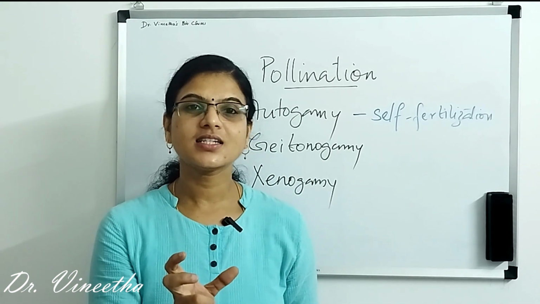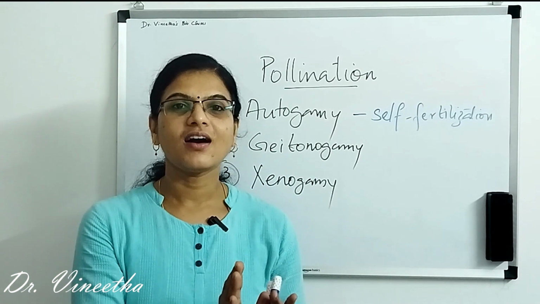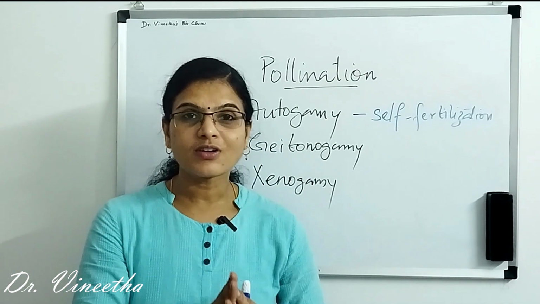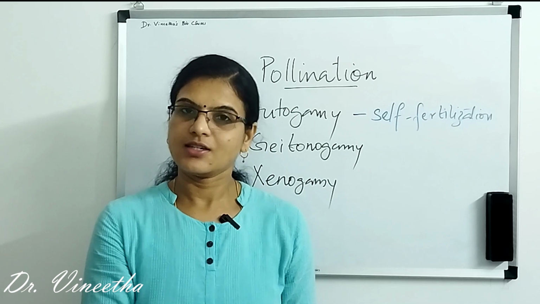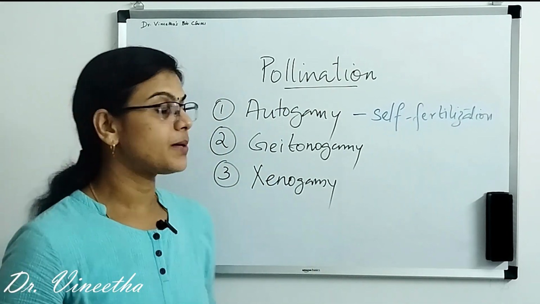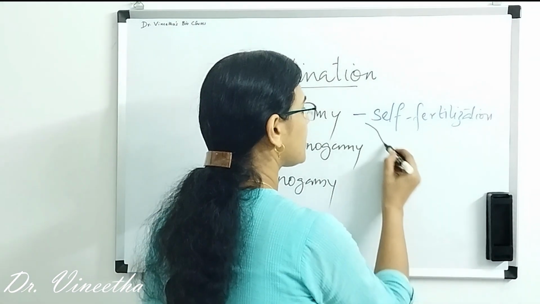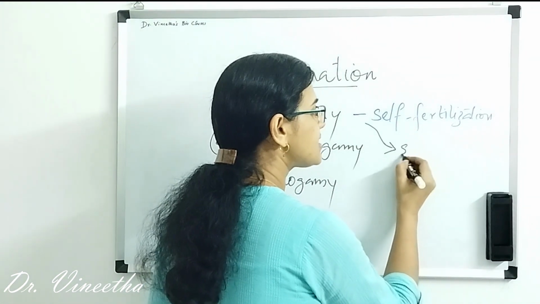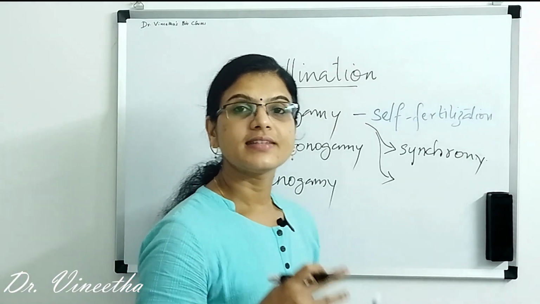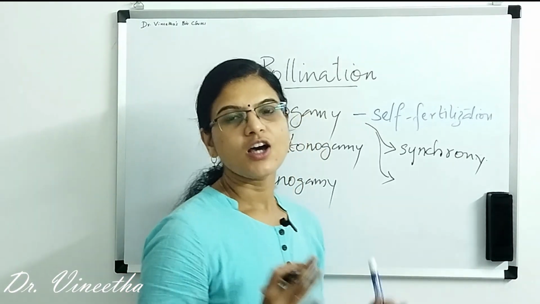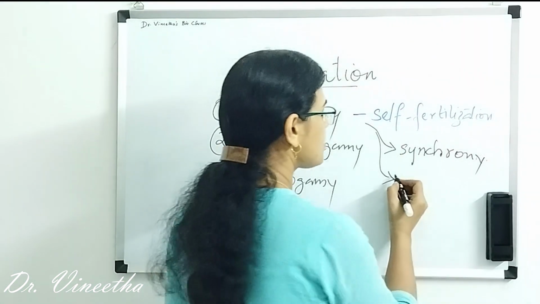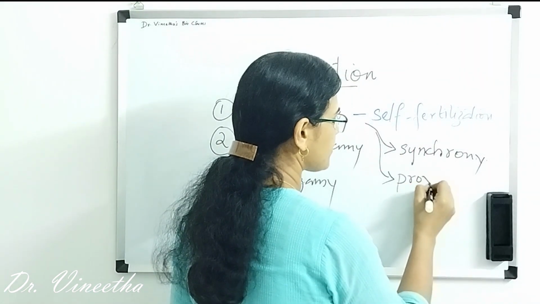Other than that, if the stigma and the anther are in proximity, the chances of fertilization are more. So in the case of autogamy, there should be synchrony, and the anther and the stigma should be in proximity. Proximity means close together.